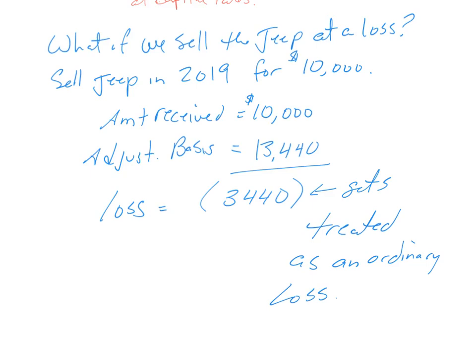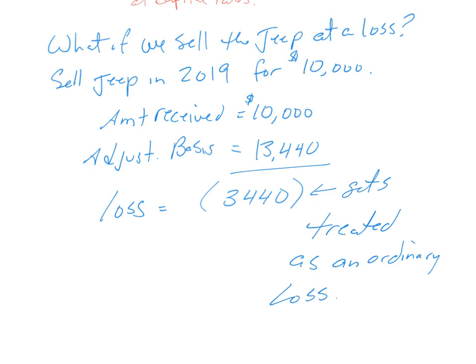Okay? That's pretty cool. So that gets to be netted against your ordinary income and is not limited to that $3,000 a year deduction like a capital loss would be. So those are the three scenarios for Section 1231.